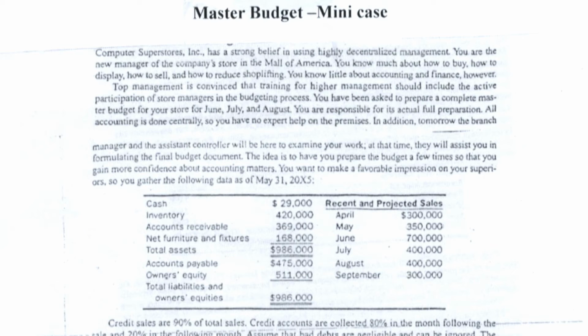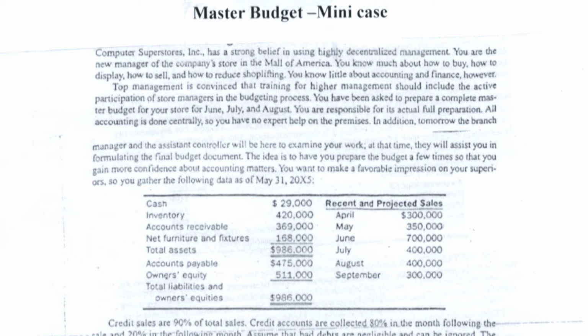The April sales were 300,000. Out of this 300,000, 30,000 is collected in the month of April itself, and of the remaining 270,000, which is 90% of the total sales, 80% must have been collected in the month of May, and only 20% we are going to collect in the month of June.